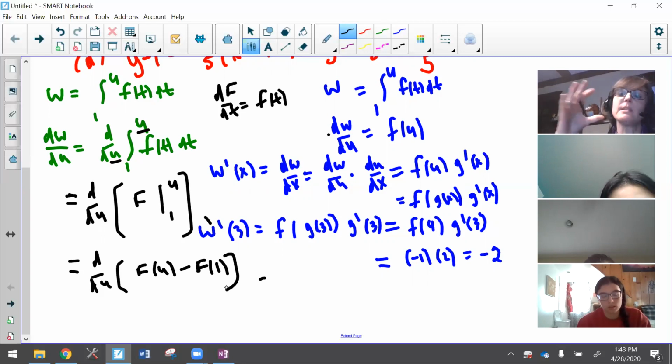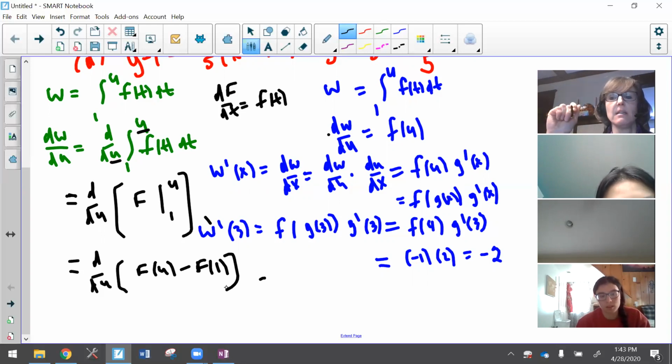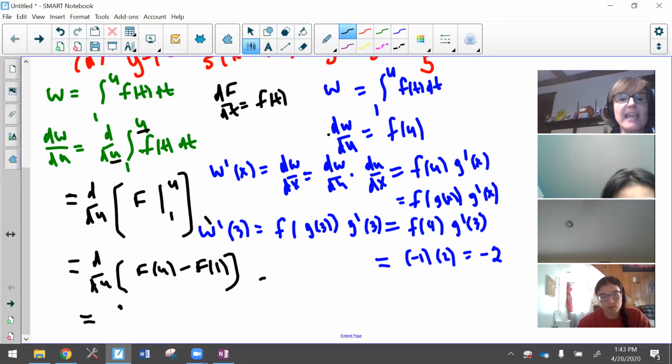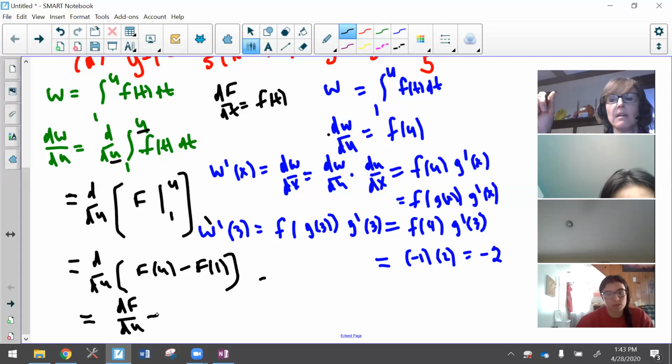Now, F of u is going to be a function, because u is a variable, and F of 1 is going to be a constant, right? So now when I apply this derivative, I get dF/du minus what, Emma? I'm taking the derivative of a constant.